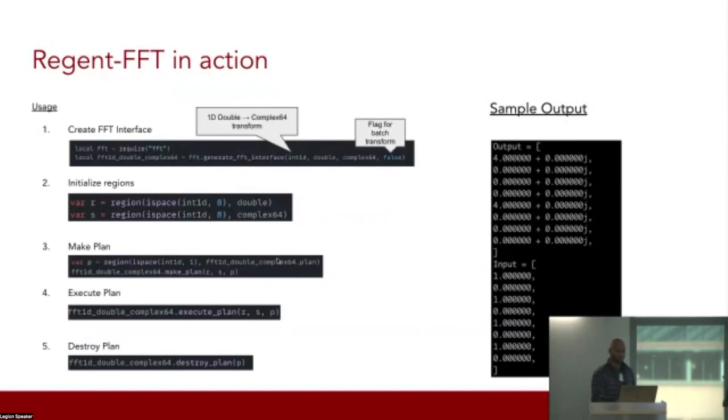We then make the plan, which I just described on the previous slide. We execute it, and when we're done, we destroy it to free the memory. On the right-hand side, we can see some sample input and output. This was the array that we saw on the first slide. If you have alternating 1s and 0s, it works as intended and gives us the output that we want.